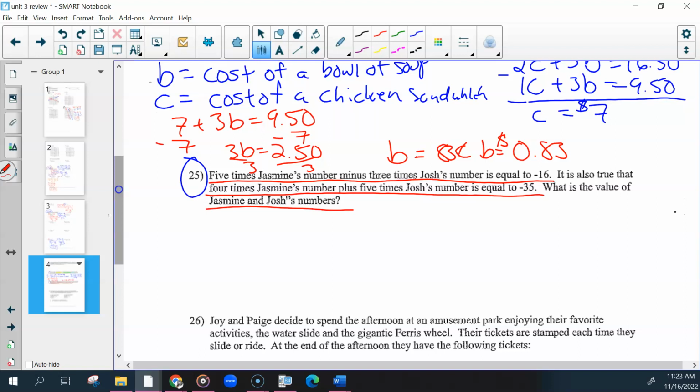So defining their variables, it would just be Jasmine's number and Josh's number. Pick 2 different variables.